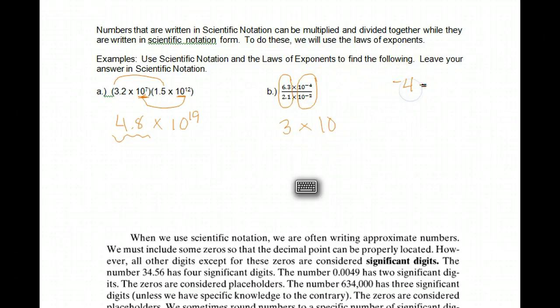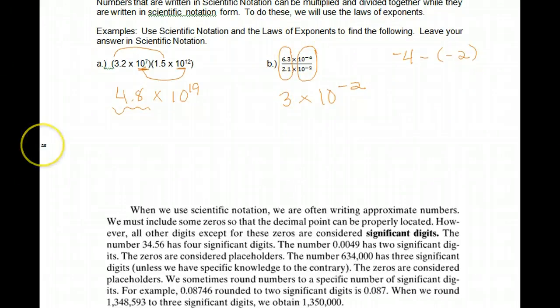So -4 minus -2 makes 10 to the -2nd power. And then that is how we're going to multiply or divide numbers that are in scientific notation. It does make it much easier than trying to put them in standard form and work with numbers that are very, very large or very, very small.